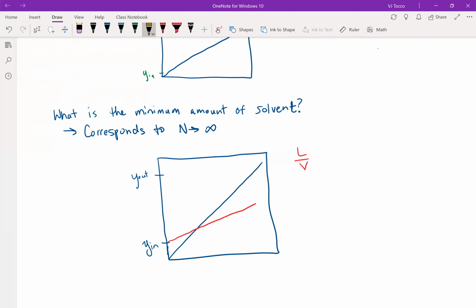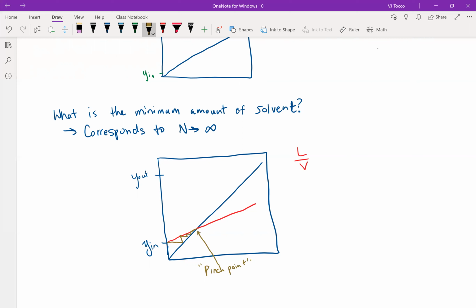If I started stepping stages off this line, I'd say 1 stage, 2, 3, 4, 5, 6, 7, I wouldn't stop there. If I zoomed into this, kept zooming in and kept drawing stages, you would see that even if I had infinite stages here, they wouldn't be doing much, first of all, but I could never get past this. This is called, again, the pinch point.